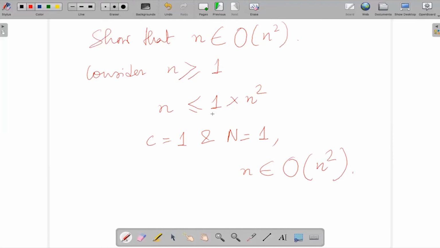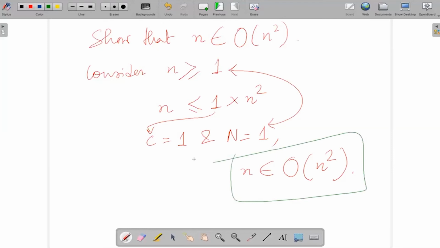So here C is the constant, and for any n larger than equal to 1, we have the condition satisfied, that is Gn less than equal to C of Fn. Okay, and therefore we can write that n is big O of n square.